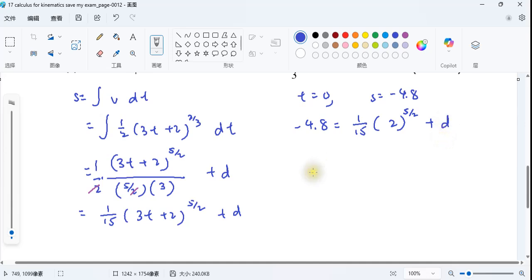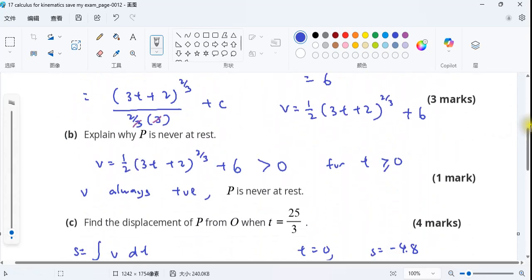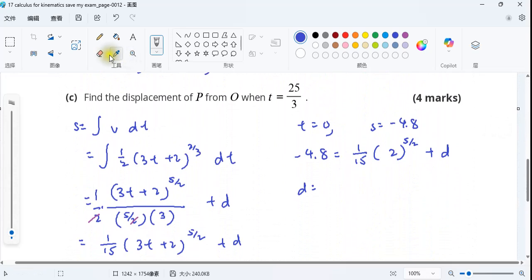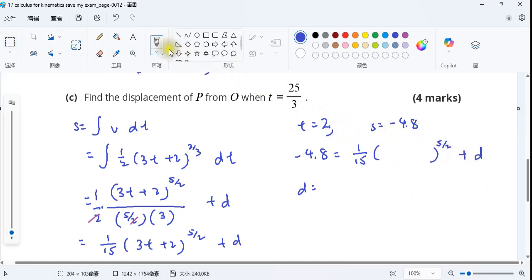Okay, so d, no, when t is equal to 2, not t equal to 0. So when t equal to 2, then this one will be 3 times 2 plus 2.